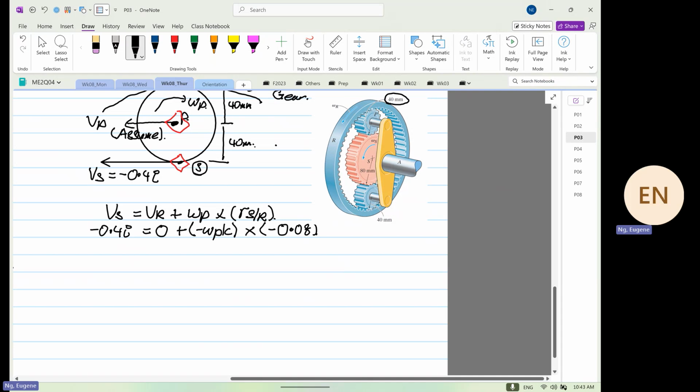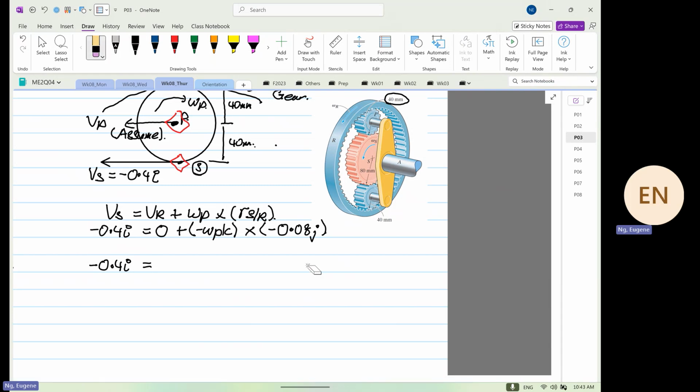So from here, we get minus 0.4i, and this will be equal to, so this is j, sorry. K cross j is minus, and another minus.